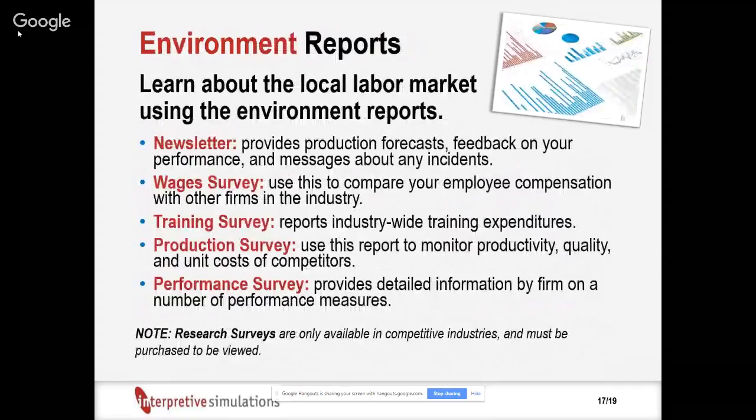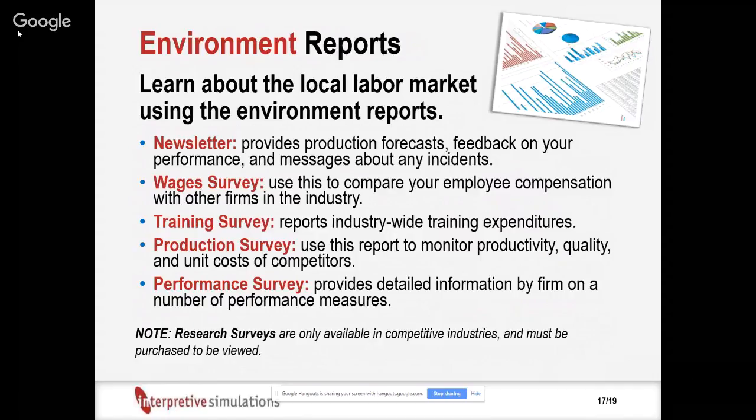You have some environment reports that you'll have access to. So you'll be learning about the labor market using these reports, some newsletters, and some wage surveys, so you can see what other companies are paying, so you can determine what's the right amount for you to pay your people, your training as well. Production surveys are a report that monitors productivity, quality, and the unit cost of your competitors, because you're competing.